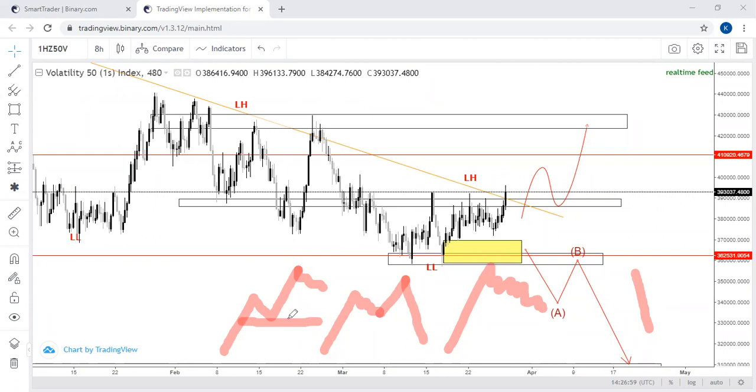If you get a very strong candlestick breaking out from this area, you don't need to enter a buy. But if price is able to reject and leave a weak rejection here, that's the only time we consider it, then we place a buy around here and put our stop loss below the low.